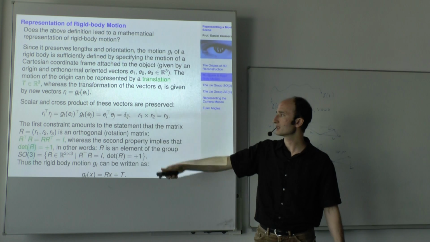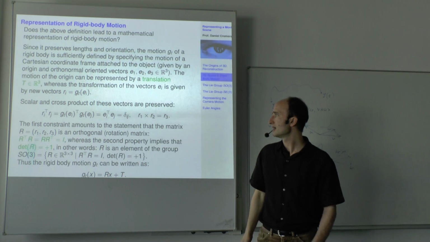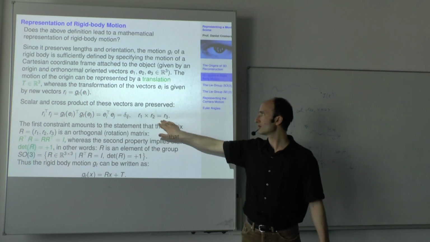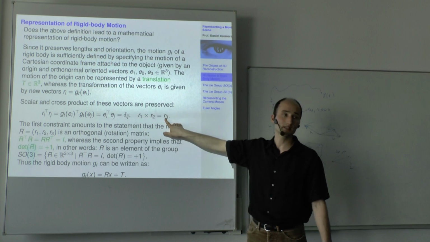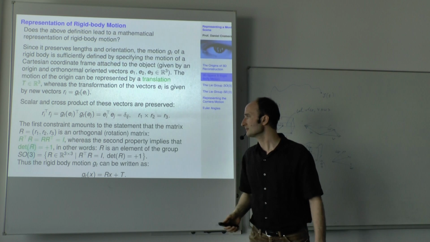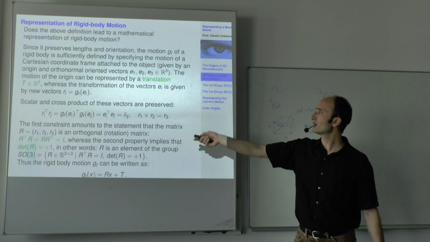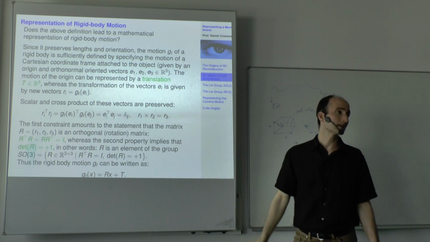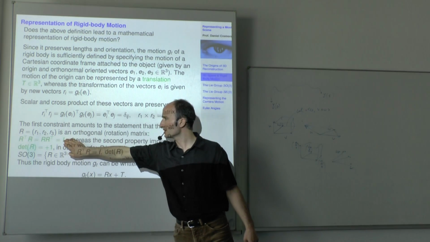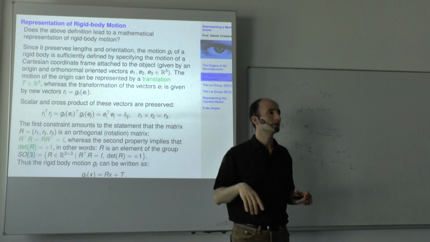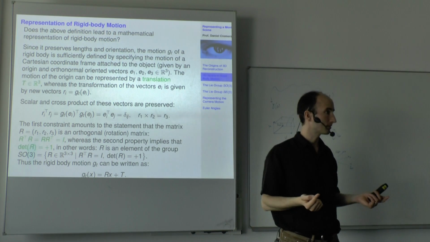The second property, that they're oriented in this fashion so that R1 cross R2 is R3, implies that the determinant of that matrix is +1. Remember, if I have an orthogonal transformation, then the determinant is automatically either +1 or -1.